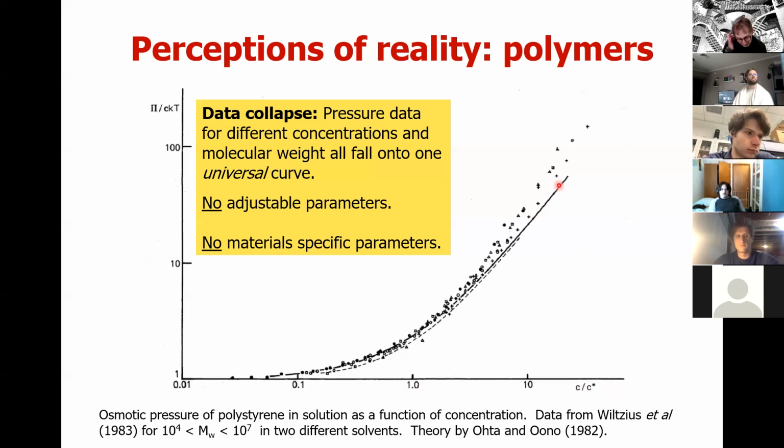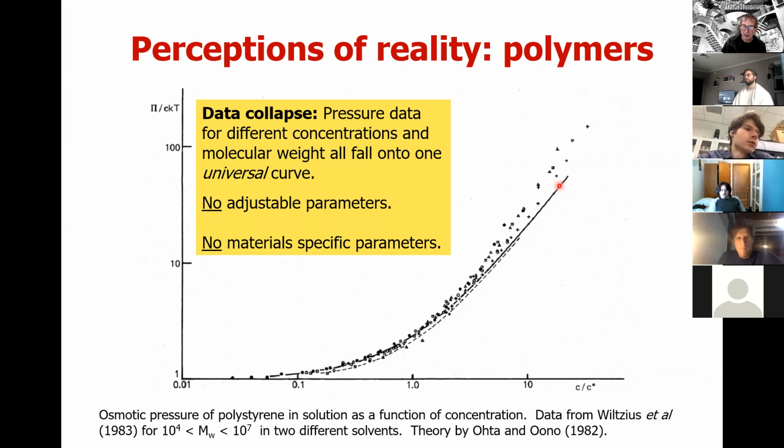This is a universal curve computed using a method in phase transitions in renormalization group theory known as the epsilon expansion, which I teach in this class. And these data are data that were taken by Wiltzius et al. a year later from the theory. And you can see that without any adjustable parameters, without any material specific parameters, the data all fall onto one universal curve.